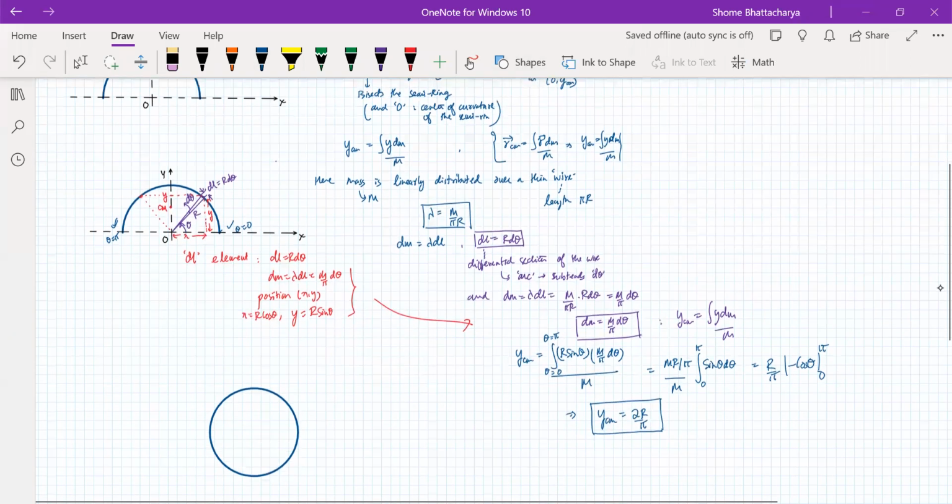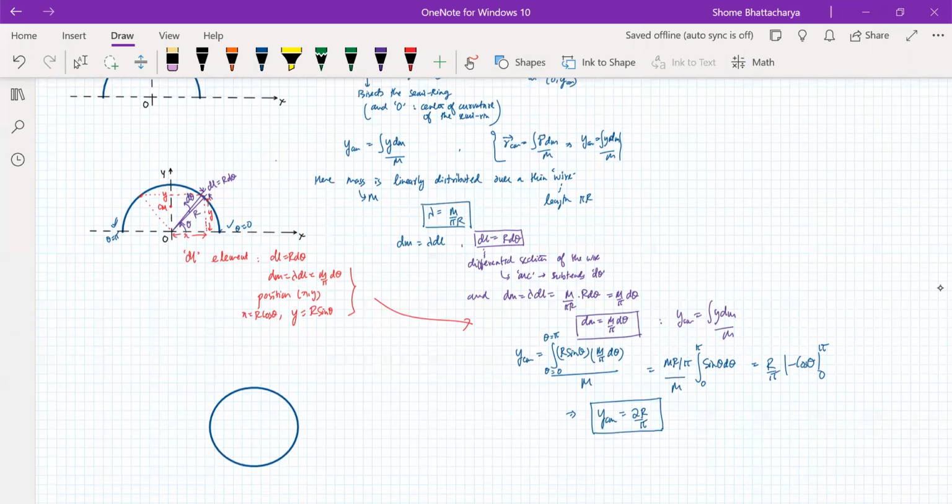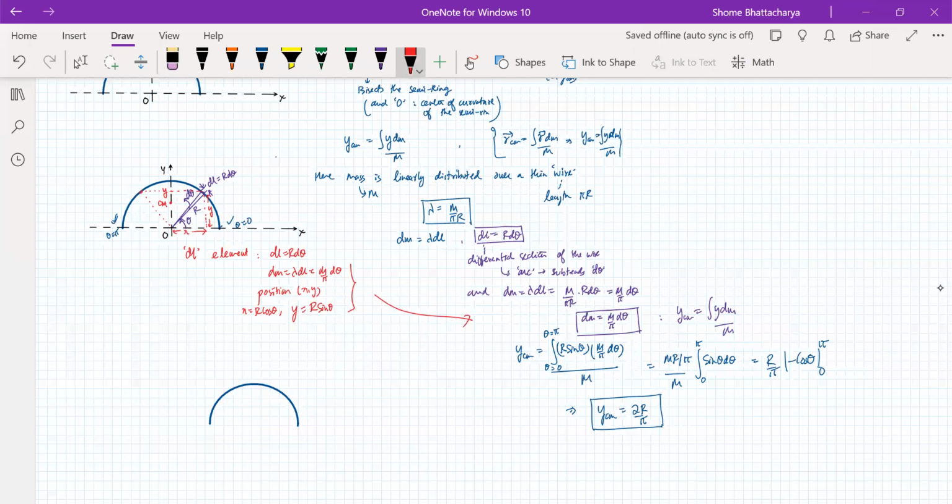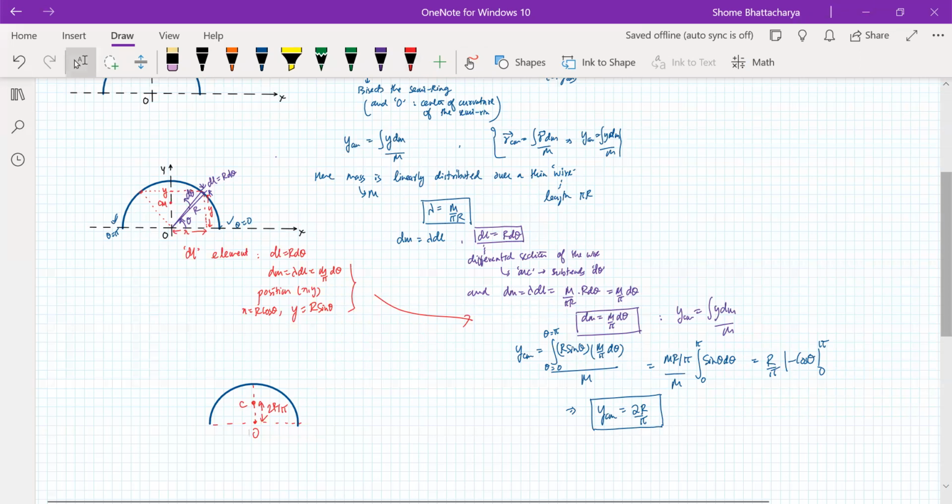Given the semi ring, this is the symmetry axis and this is the geometrical center. So the center of mass will be at such a point that the distance between the center of mass and the geometrical center is 2r by pi, where r is the radius. This is the final result, which, as I told you, we have to keep in mind as a standard formula for JEE level questions.